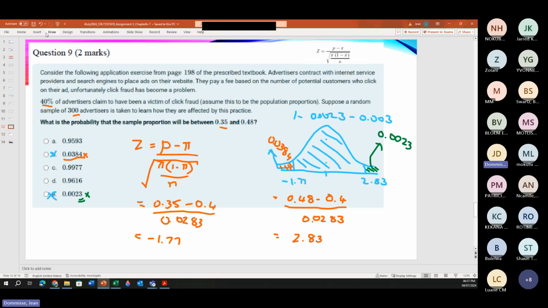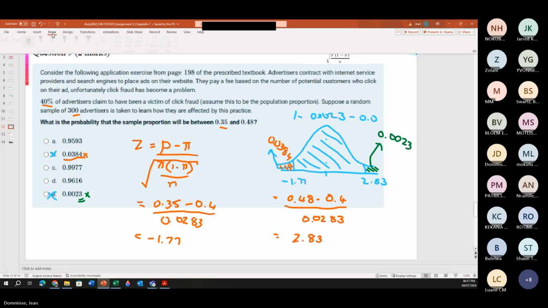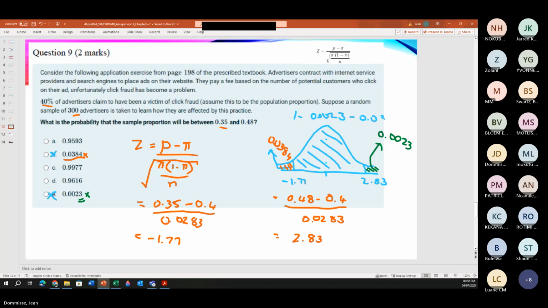Okay, so that is then equal to 1 minus 0.0023 minus 0.0384, which is 0.9593, which is option 1.